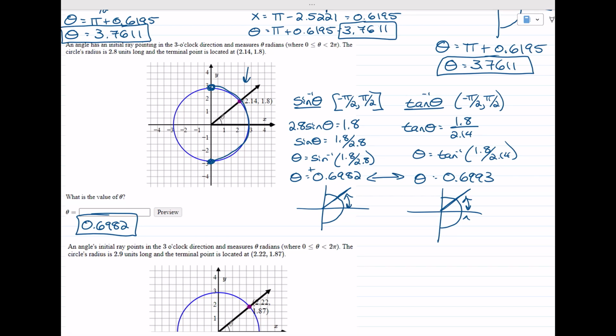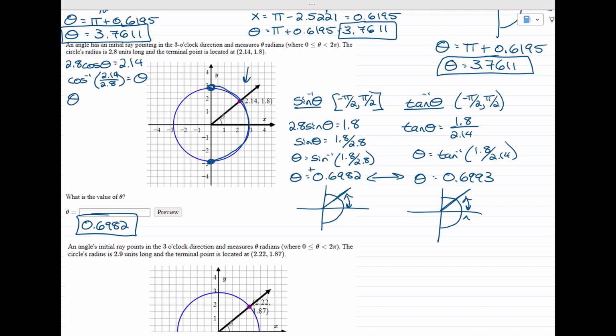Just to make sure our notes are complete, let's figure out what it would be with cosine. So we would do 2.8 times the cosine of theta is equal to the x value, 2.14. So then we would take the inverse cosine of 2.14 divided by 2.8 to give us theta. And let's see what this is.